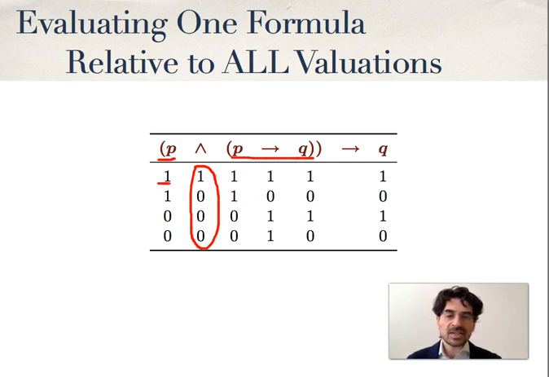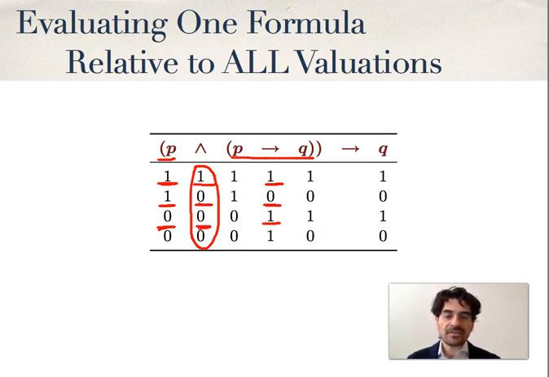If P is assigned truth value 1 and P implies Q is assigned truth value 1, then the conjunction has truth value 1. If P is assigned truth value 1 and P implies Q is assigned truth value 0, then their conjunction will have truth value 0. If P is assigned truth value 0 and P implies Q is assigned truth value 1, then their conjunction will have truth value 0.